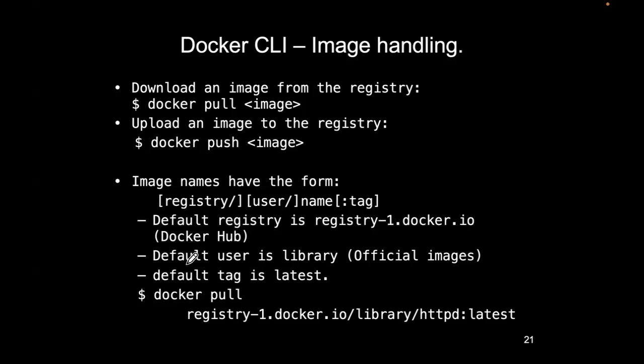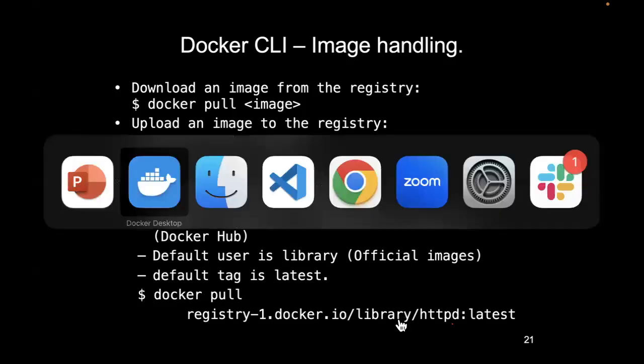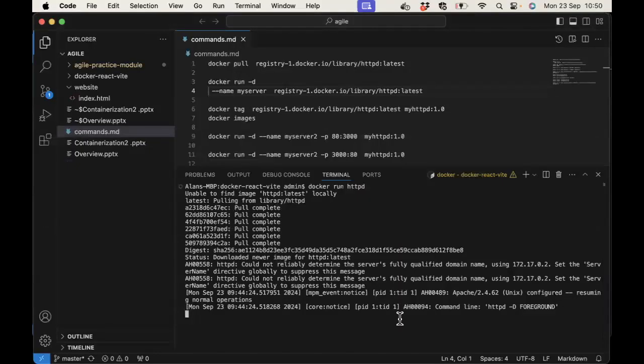So if we take those three defaults, then this here is an example of the fully qualified name for, in our case, the HTTPD image. I could just as well have used that fully qualified name rather than just HTTPD. And if I do that, just for my own convenience, I've got it here ready to cut and paste.